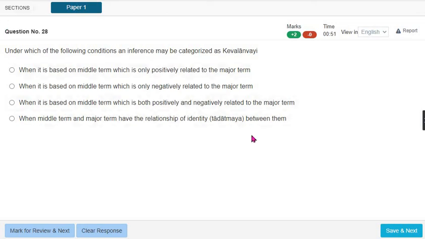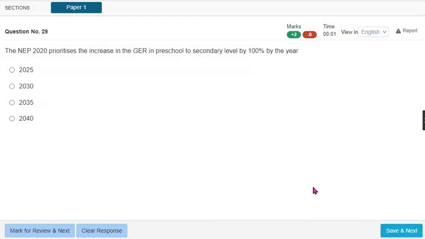Answer is when it is based on a middle term, which is only positively related to the major term.